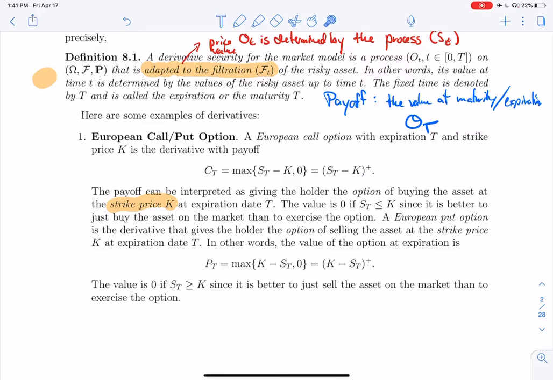If at expiration the price is smaller than K, there's no point in exercising this option. This option is useless, so it has value 0. However, if S_T is bigger than K, of course it is very valuable to own the option, and its value is just buying at K and selling at S_T, right? So S_T minus K. So that's a call option.